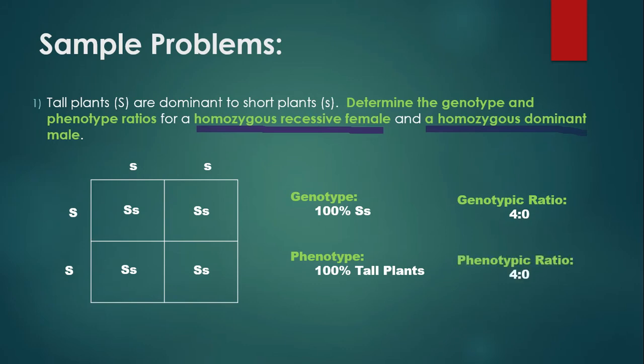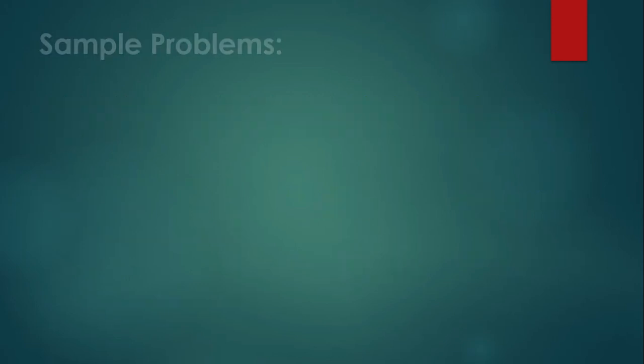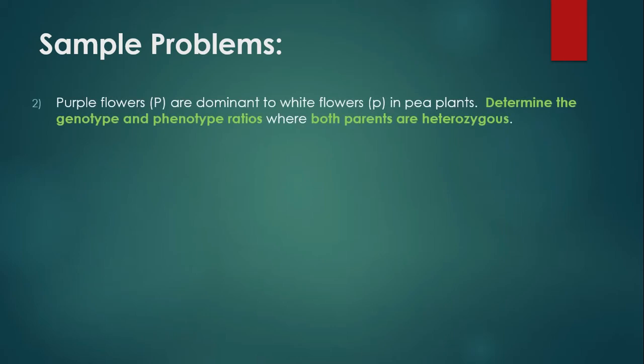Now, as for the phenotypic ratio, again, it is 4:0, because all of the results start with capital letter S. There's nothing to compare with, so the phenotypic ratio is 4:0. Okay, so hopefully, as I am discussing the sample problems, you are getting an idea on how to answer your enrichment activity 2. Let's proceed to the next.